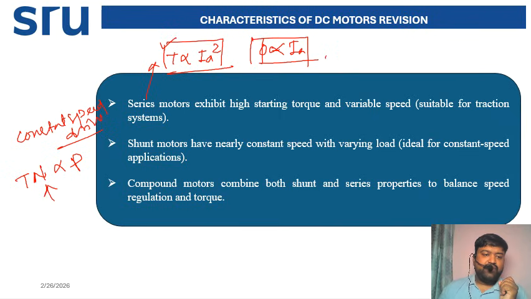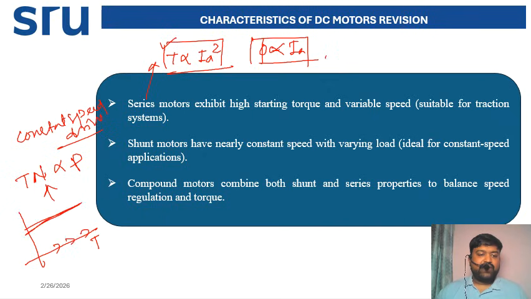If the speed is constant, then there is no relation with the torque. If you plot the graph, for any condition of the load, even if you vary the load, the speed is not affected. Speed is constant.